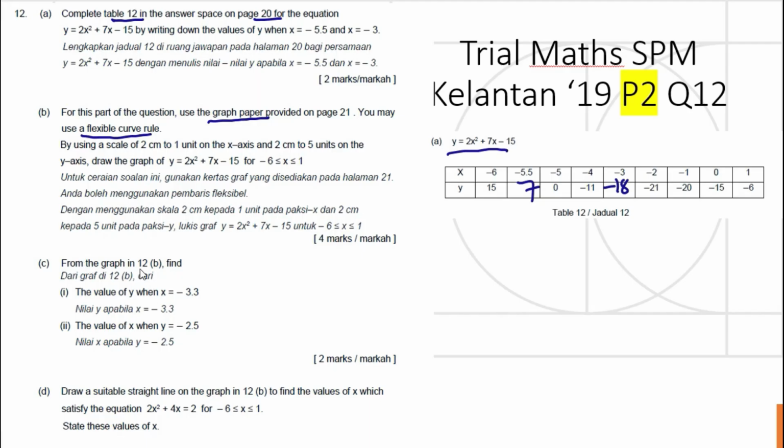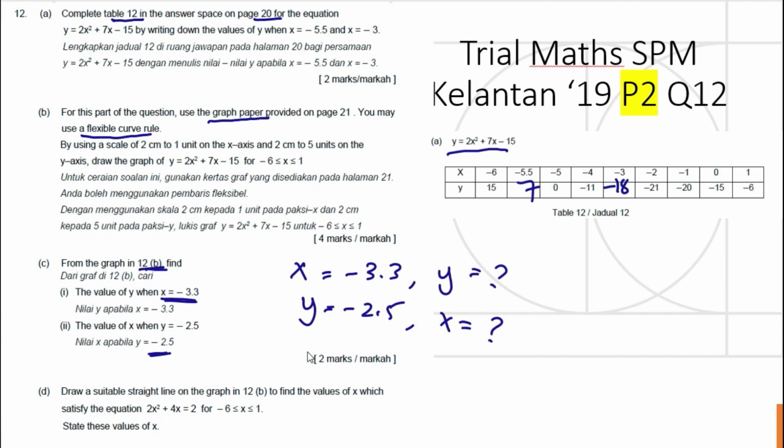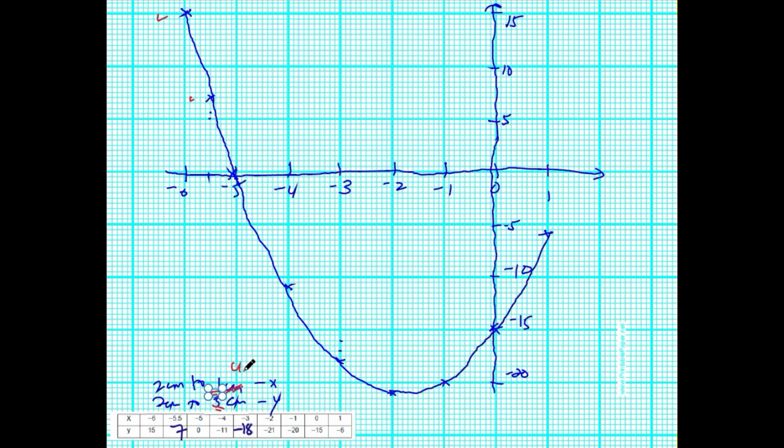From the graph in 12b, find the value of y when x is equal to negative 3.3 and the value of x when y is equal to negative 2.5. So if x is equal to negative 3.3, what is y? And if y is equal to negative 2.5, what is x? This is 1 unit and this is 1 unit.